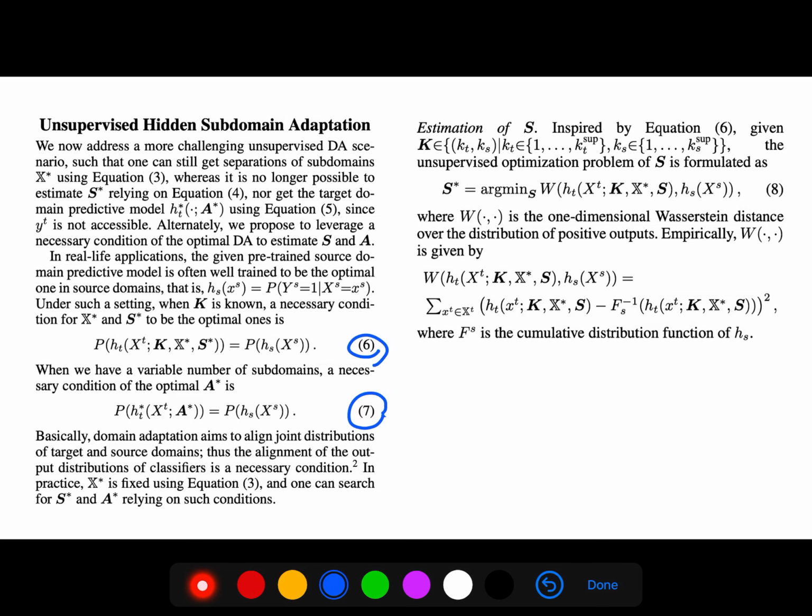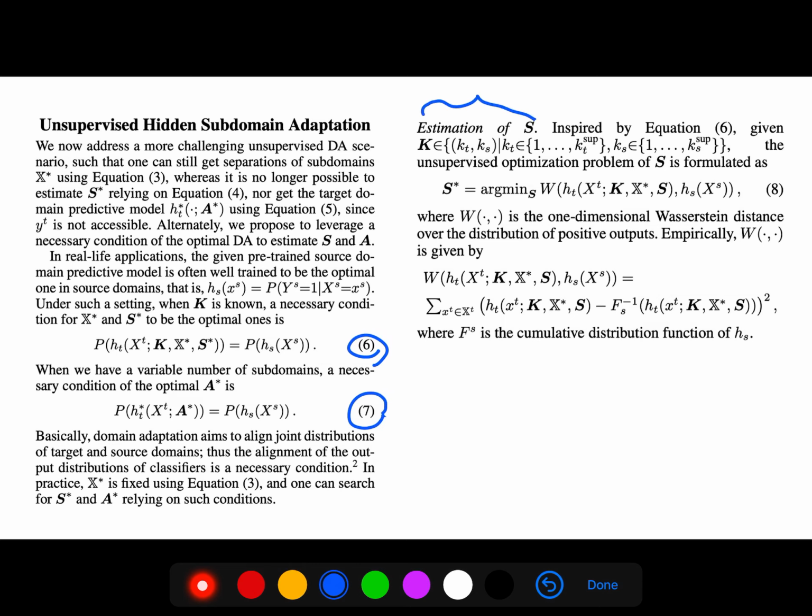Basically, domain adaptation aims to align joint distributions of target and source domains. Thus, the alignment of the output distributions of classifiers is a necessary condition. In practice, X is fixed using equation 3, and one can search for S and A relying on such.